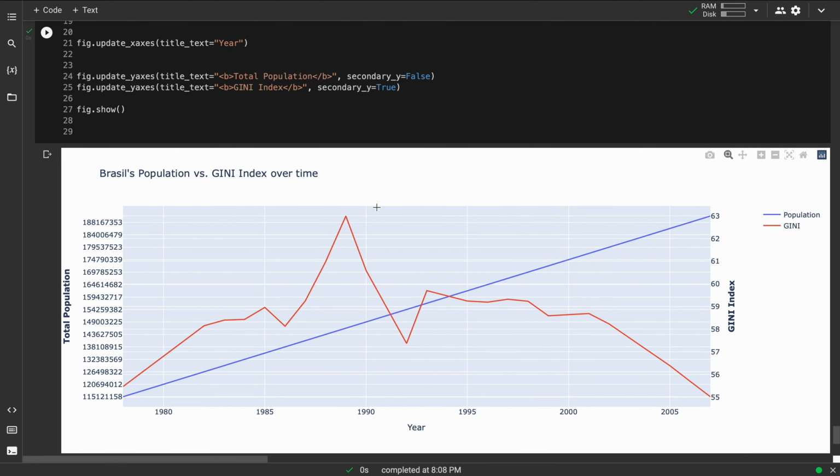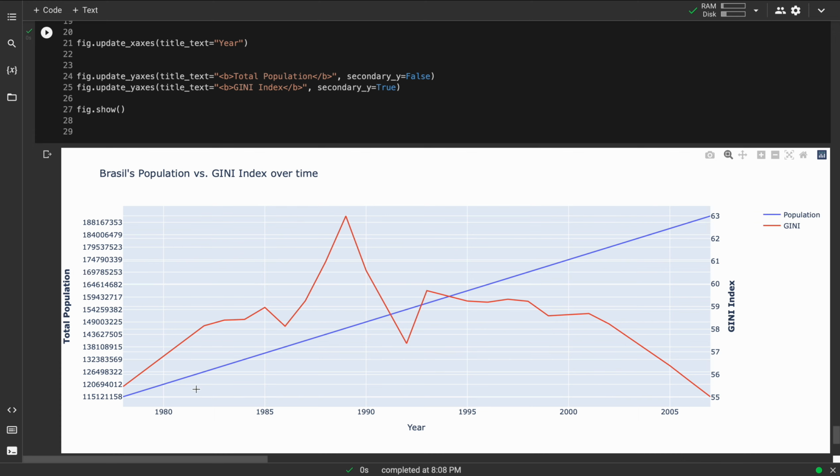And we used the same format to create another visualization, this time comparing Brazil's population versus Gini index over time. And when we first started this project, we expected there to be a significant relationship between the two, but we really did not see a very direct relationship.